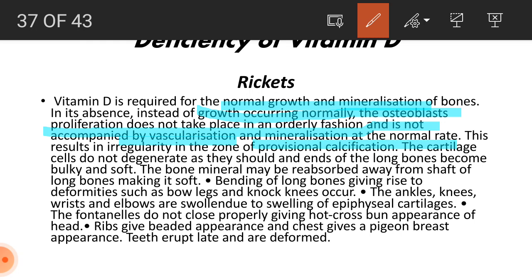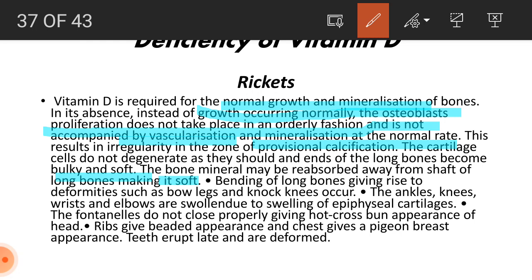This results in the irregularity in the zone of provisional calcification. The cartilage cells do not degenerate as they should, and ends of the long bones become bulky and soft. The bone mineral may be reabsorbed away from the shaft of the long bones, making it soft.